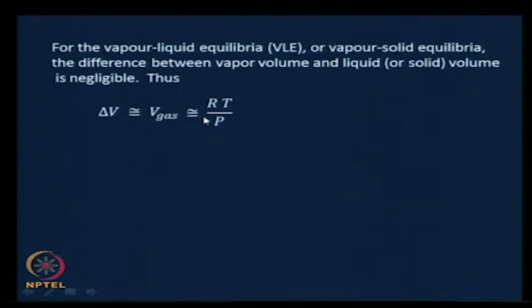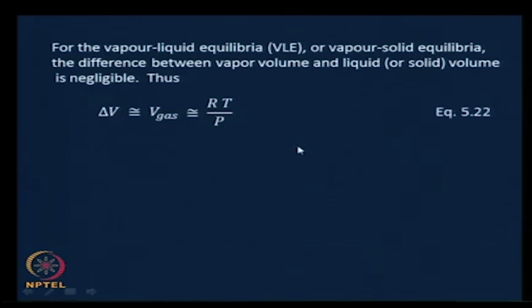You know, under conditions of normal temperature and pressure, this is a reasonably good assumption, except if you are dealing with very tricky gases. Therefore, for the volume of gas, we are going to use the ideal gas law and express it as RT by P.